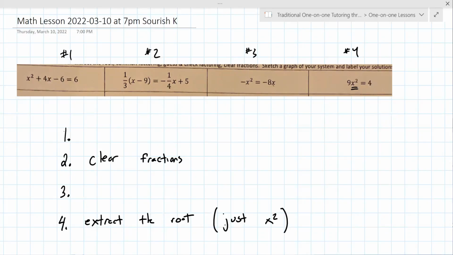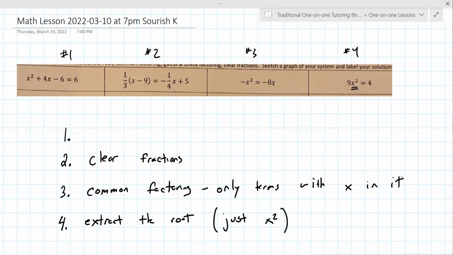The next one we're going to talk about is called greatest common factoring, I guess is the way your instructor is doing it. Common factoring. Common factoring is number 3. And the reason it's number 3 is because there are only terms with x in it.